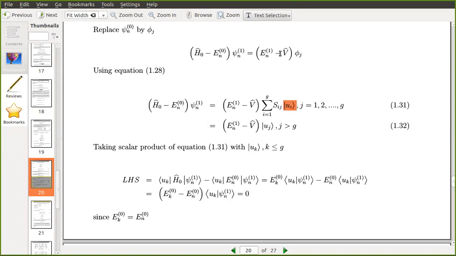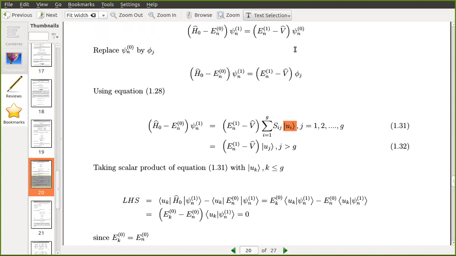This idea is clear. Okay, un with phi n or uj with phi j. No other change for j greater than g. Only when j is between 1 and g we are replacing, and we are still retaining the uj, the u basis, when j is greater than g.